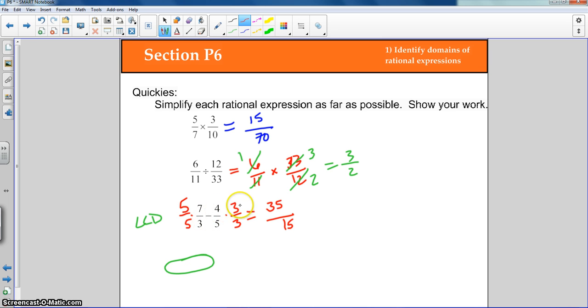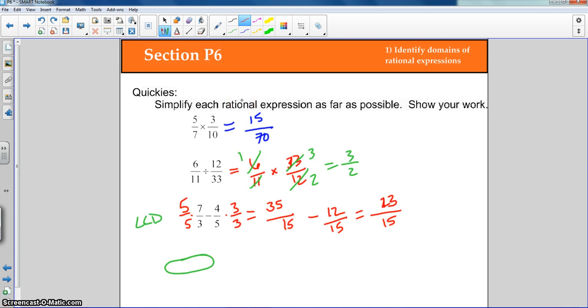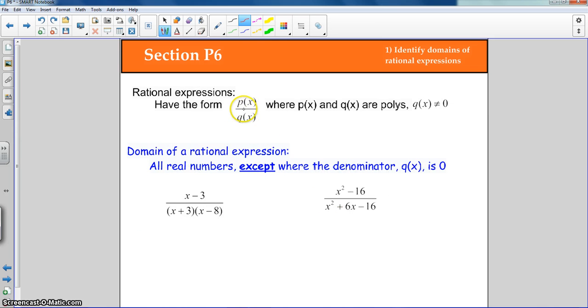And then minus, now 4 times 3 is 12, so I have minus 12 over 15. And so now I have the same size pieces, so I can do the subtraction. So I do 35 minus 12, that is 23. Okay, so 23/15.